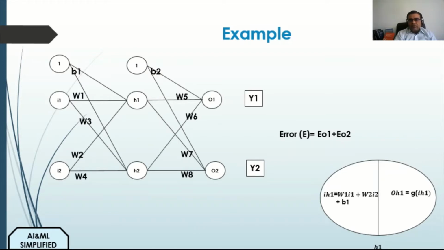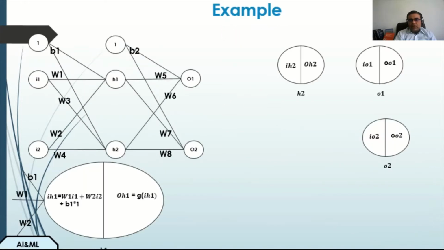So for this neural network, as we have shown the details of node H1, we have similar operations for node H2, where again it is made up of two steps. One is getting the input from the earlier nodes, and then the output, which is generated by applying an activation function on this input.